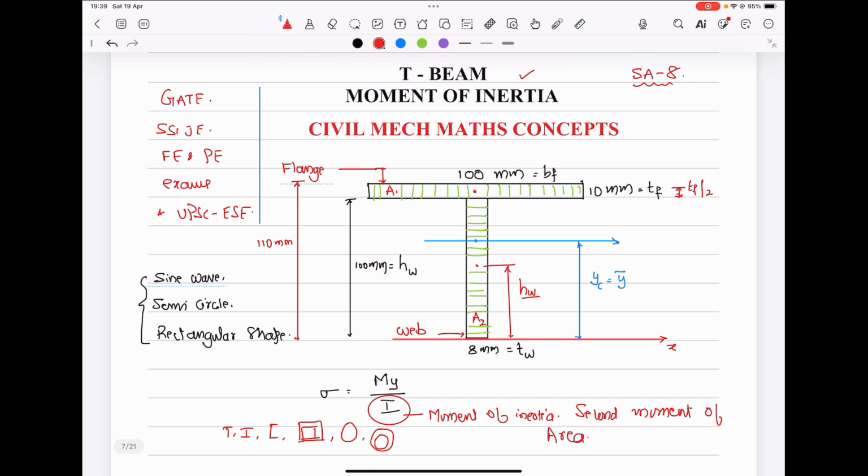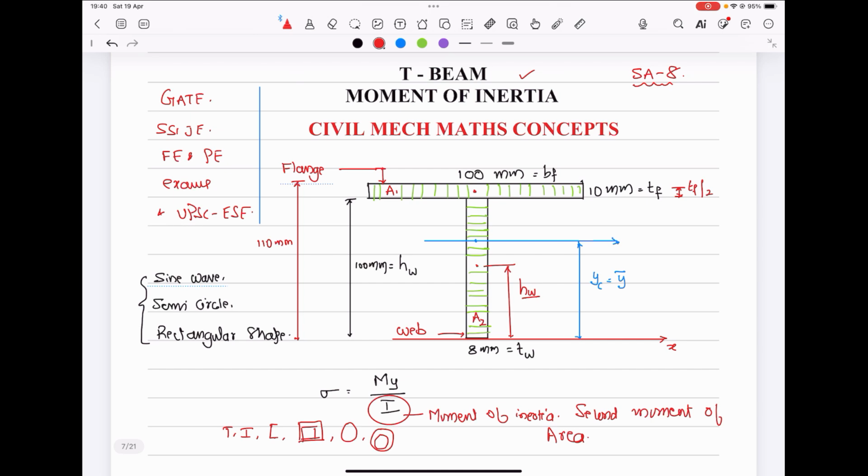A T-beam has two rectangles. It's not a single rectangle. It's not symmetrical about the x-axis, nor about the y-axis. To some extent it is symmetrical about the y-axis in the given example, because on both sides the flange width is the same, whereas flange width may be different.